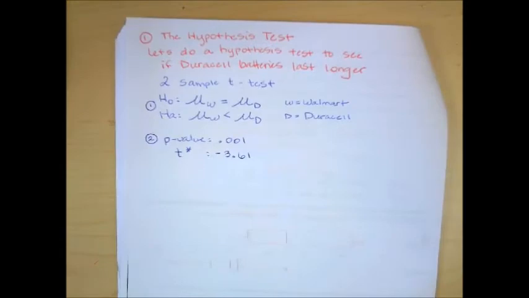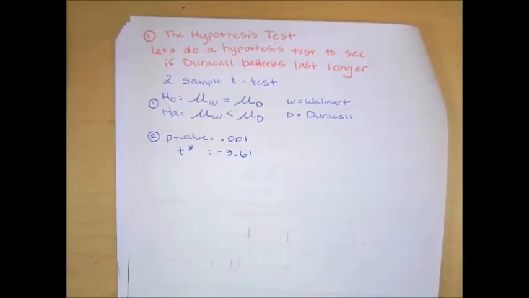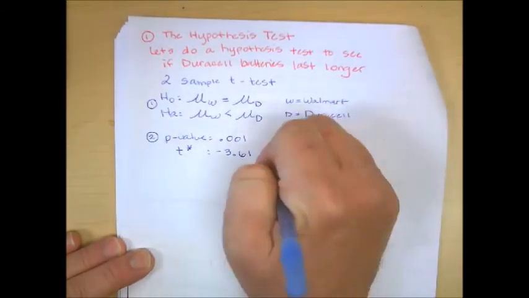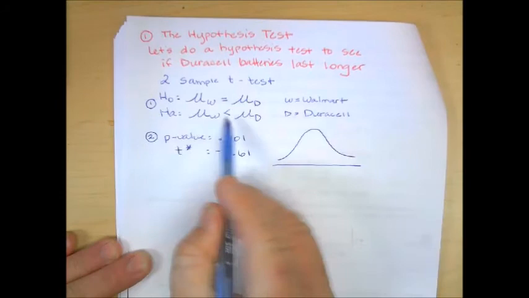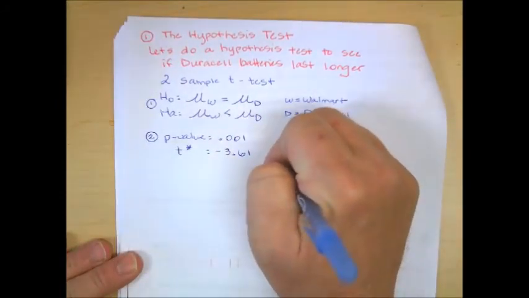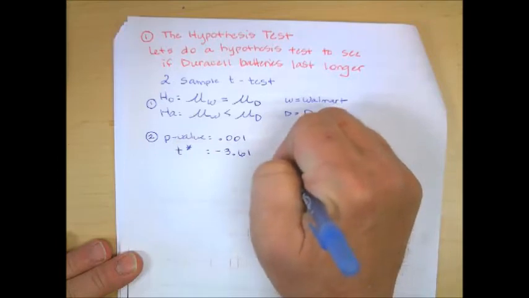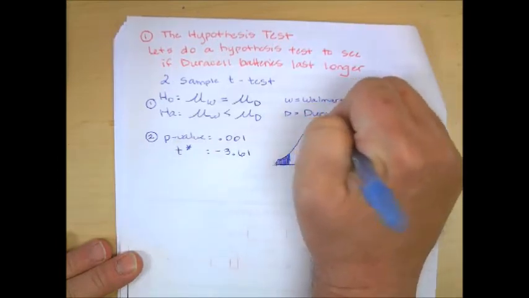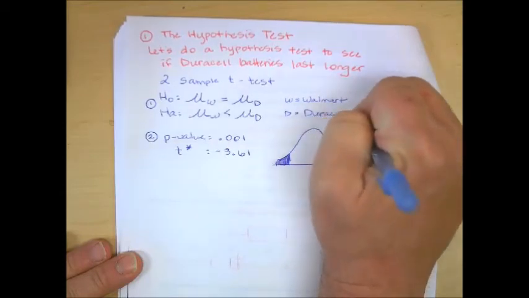Now, if we wanted to, we could draw and label the curve. It's a one-tail low test. Remember, the degrees of freedom were n minus 1 of the smaller n. So degrees of freedom would be 11 minus 1, which is 10.